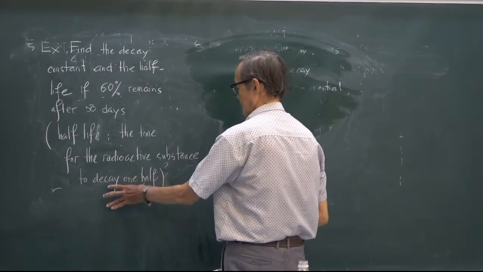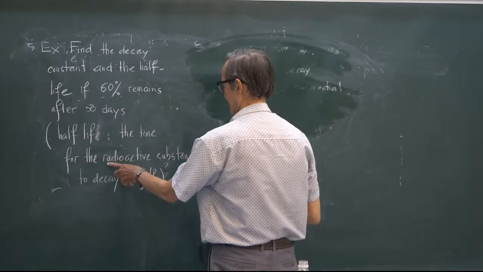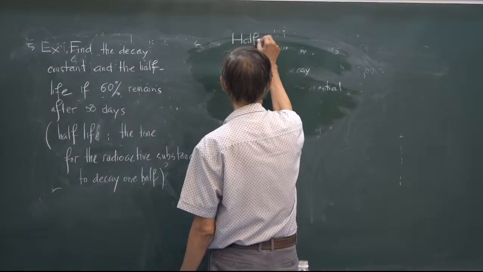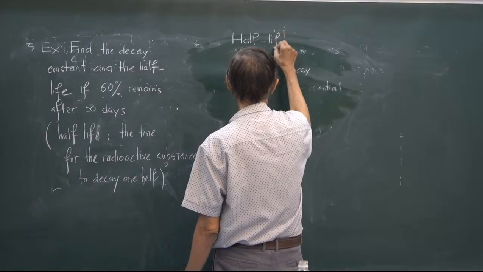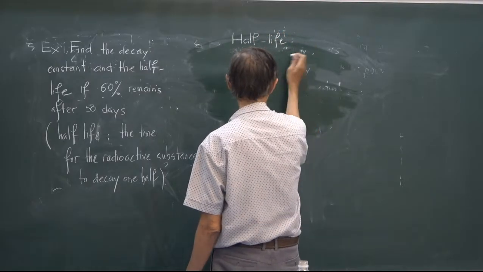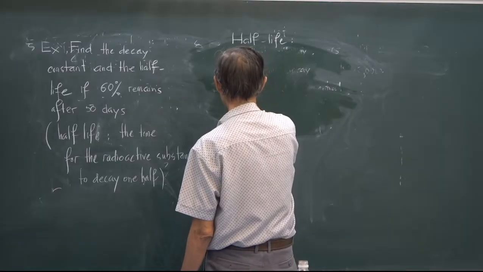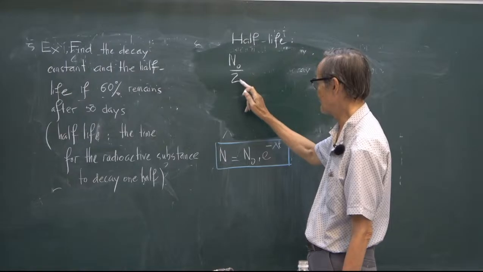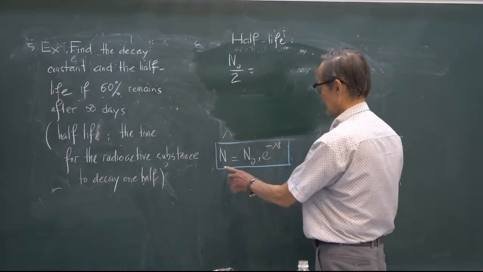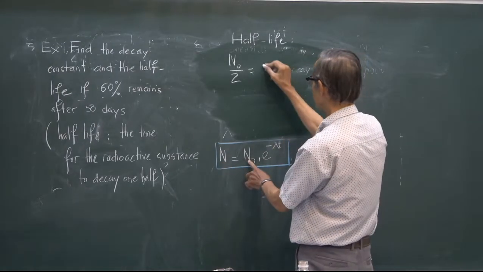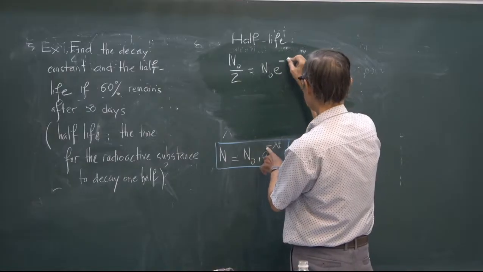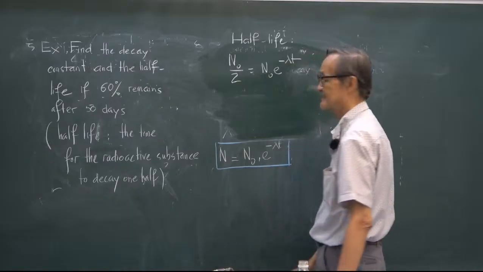First, we find the formula for half-life. Decay 1/2: N0 over 2 equals N0 e power minus lambda t.